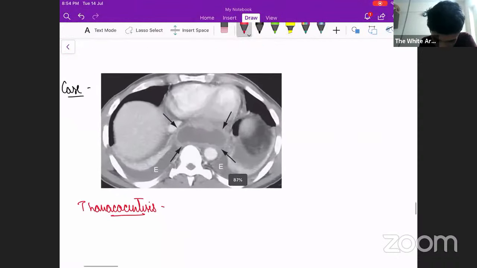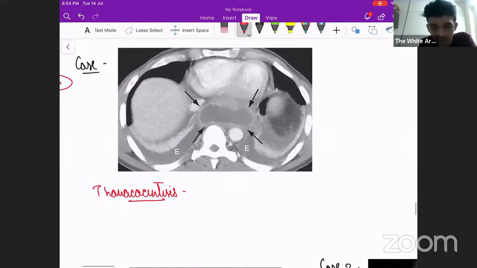Next, what is this? Anyone can diagnose this? Again, spot diagnosis. Anyone? Okay, now I'll start giving clues.